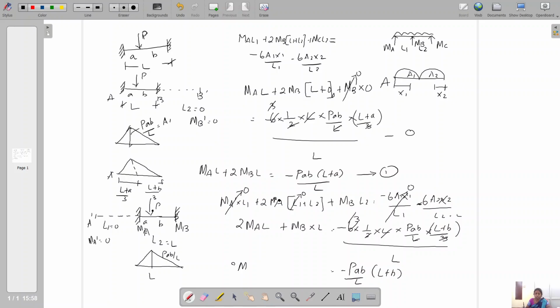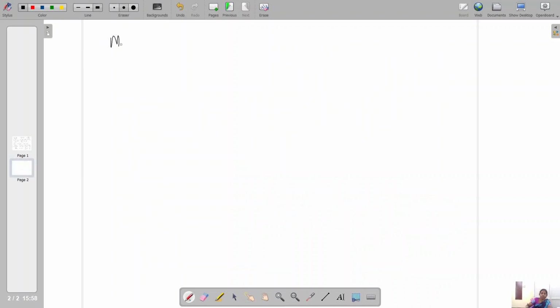MAL plus 2MBL is equation number 2. I am going to write both equations on the next page, so that it is convenient. That is MAL plus 2MBL equal to minus PAB L plus A by L.